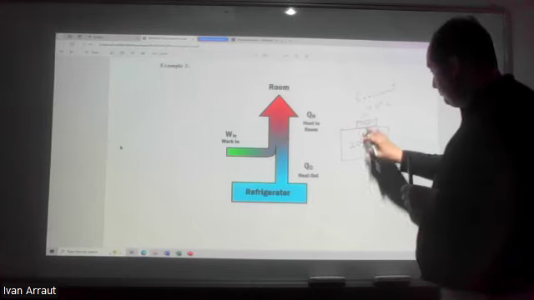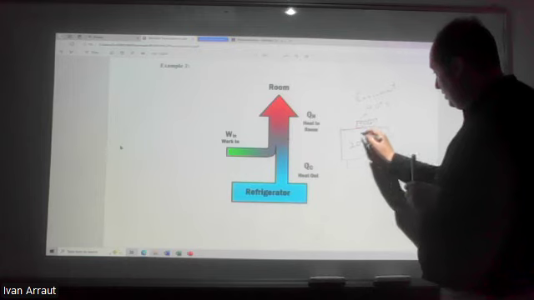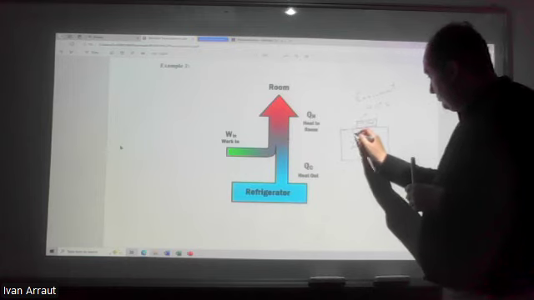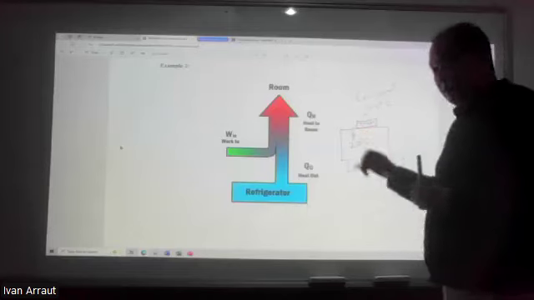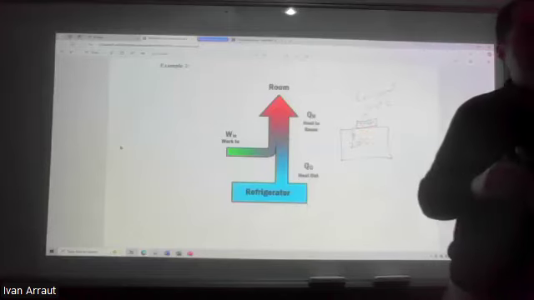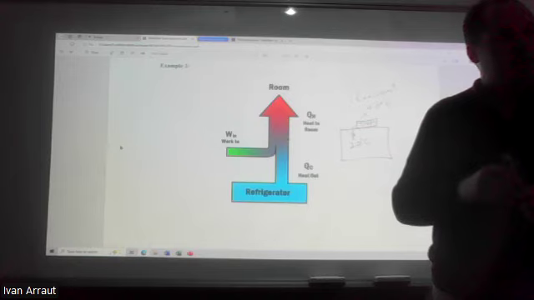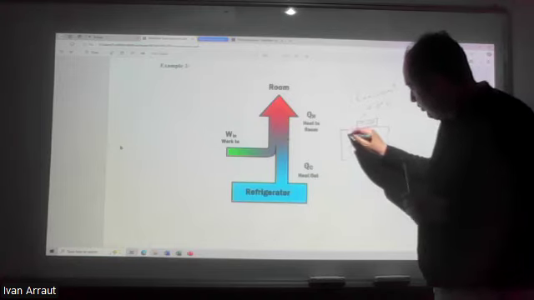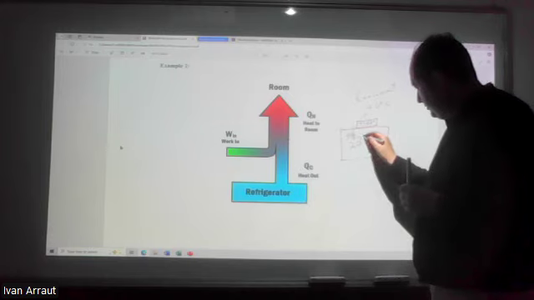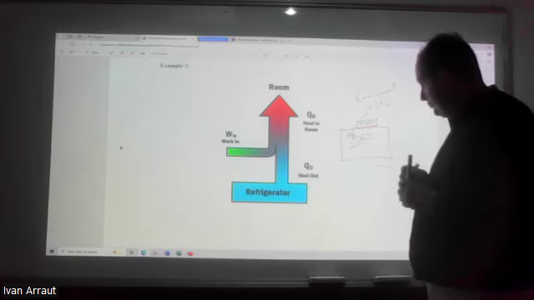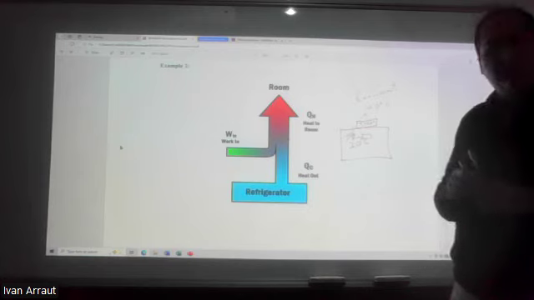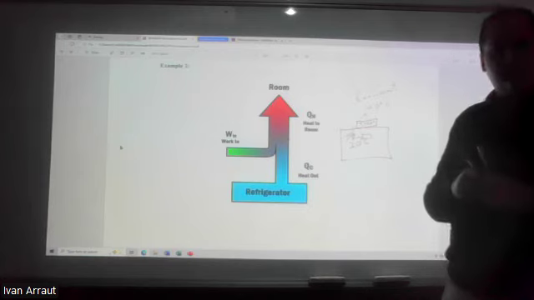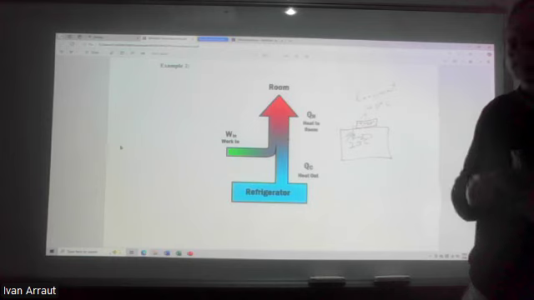Then, let's put it like this. There is a pump here, which inputs the fluid. Here, there is another chamber. That chamber has to be cooler than 20 degrees for extracting the heat of the room.